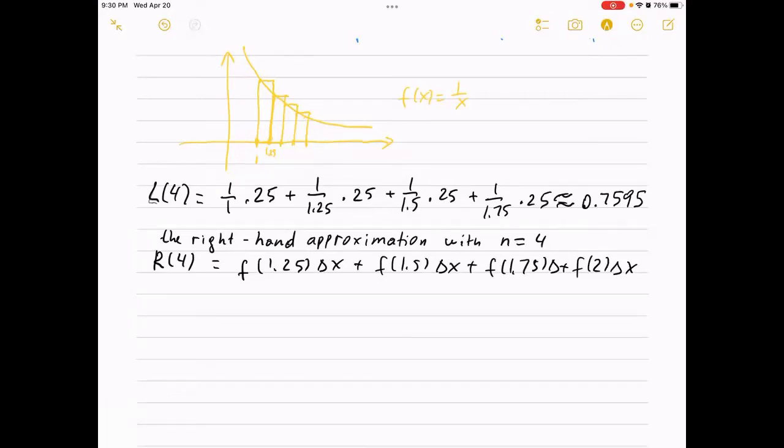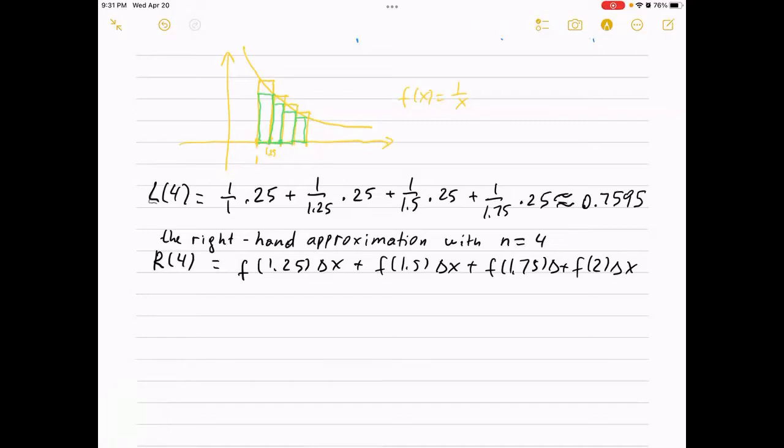If you want to see the geometric interpretation on the graph, it's going to look like this. For each interval, pick the right point, measure the height, and multiply by delta x. Those green rectangles are the right hand approximation, and they will be an underestimate.